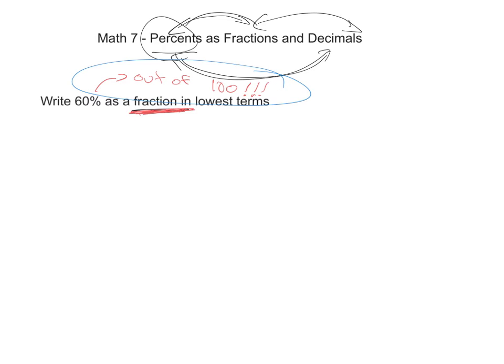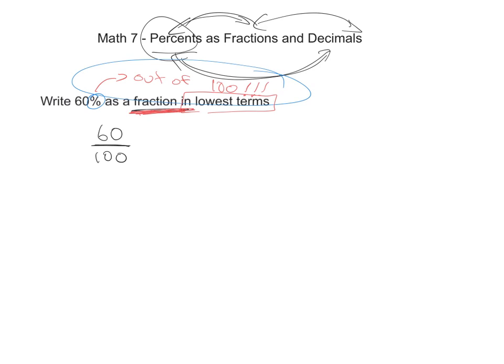So if I was writing it as a fraction, the fact that I know this percent sign means out of 100, I know that as a fraction I can write this as 60 out of, you put the line straight across, out of 100. We have just written 60% as a fraction, 60 over 100. Now there's a key phrase here. We better take some time, make sure that we understand it. It says in lowest terms.